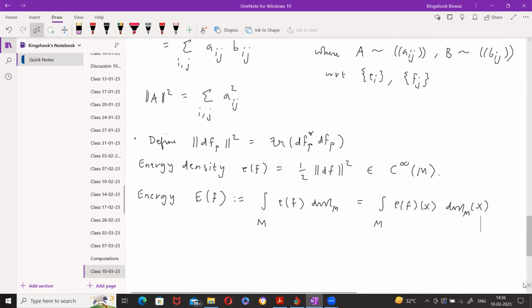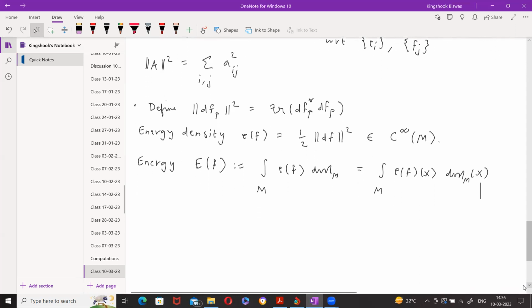Okay. So we have to understand how to define the second derivative of a smooth map. Because, as one might expect, in the first variation of energy, the term that should come up should be some sort of a trace of the second derivative. But the first thing to understand is what is the second derivative. That will be something called the second fundamental form.